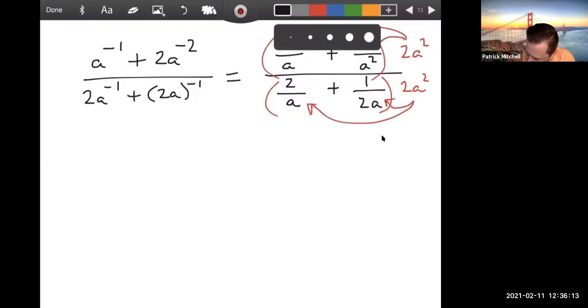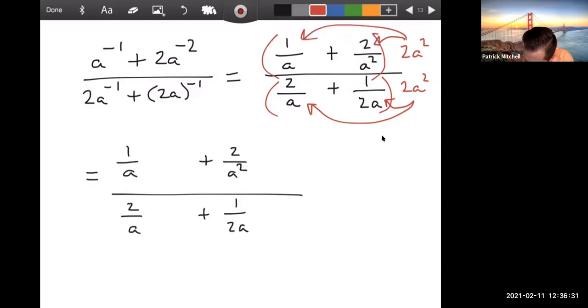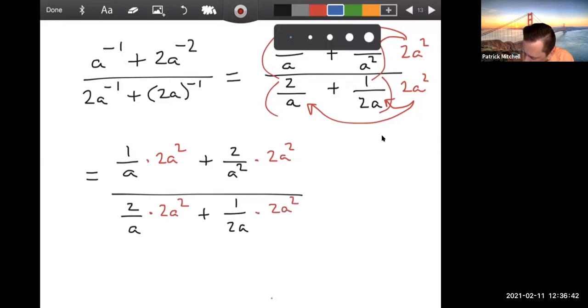All right. So we have 1 over a, we have 2 over a squared, we have 2 over a, 1 over 2a, and then we are going to park our 2a squared next to every single one of these. All right, and then put the 1 underneath if you find that helpful.